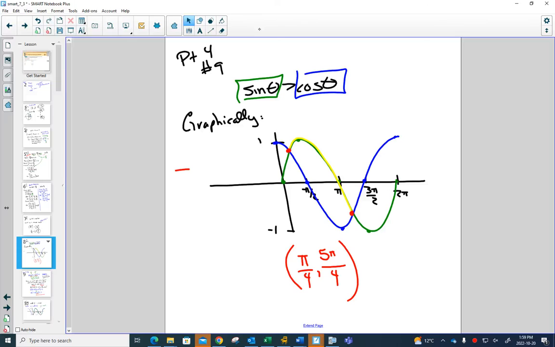Why is the graph the best way? I find that the most common method of getting it mostly right or half right is just using the CAS rule. And students say, oh, it has to be quadrant 2 because sine is positive, cos is negative. That's true.